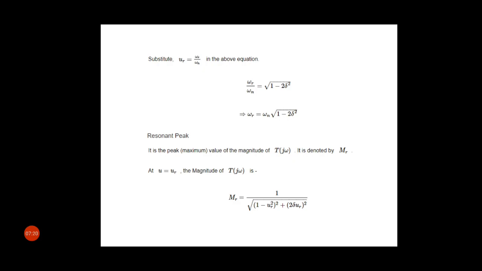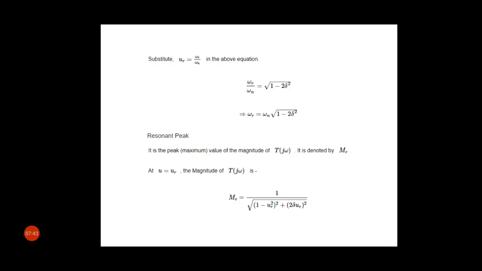Now here again we put u equal to u_r, and therefore the magnitude M_r equals 1 by root under (1 minus u_r square) whole square plus (2 zeta u_r) whole square.